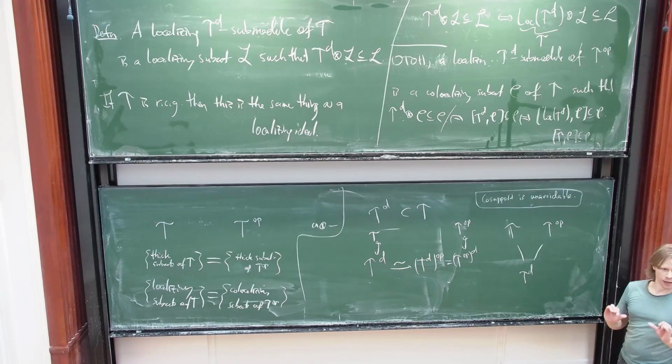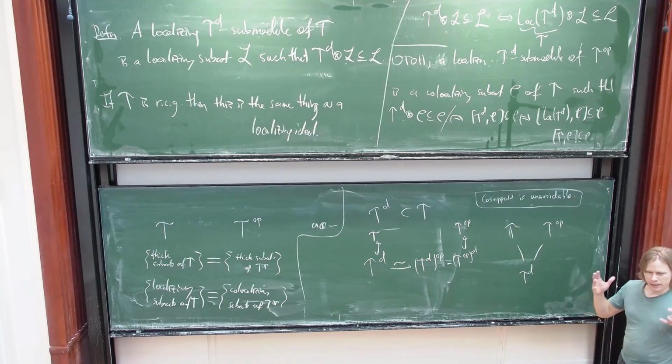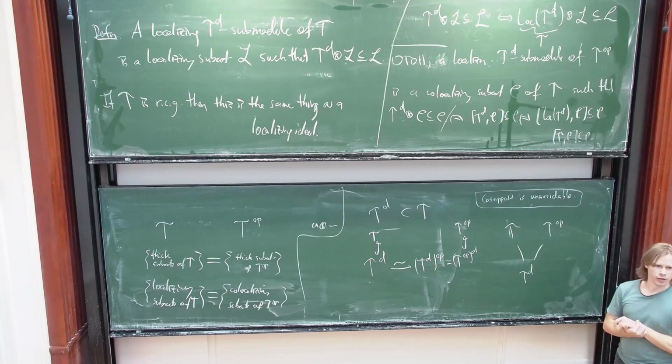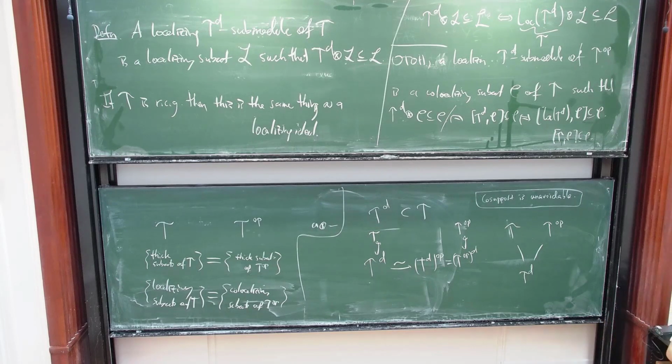One needs to be a little careful about how one does that, because the way it's done traditionally is using these finite localizations, which depend on compactness and everything, but one can do a game that uses the perfect generation to construct a Balmer-Favi type support, which when you apply it to T, you recover the usual thing, but when you apply it to T op, you get the co-support. So I don't really have time to explain it, but the bottom line is that this co-support is really just the support in T op.